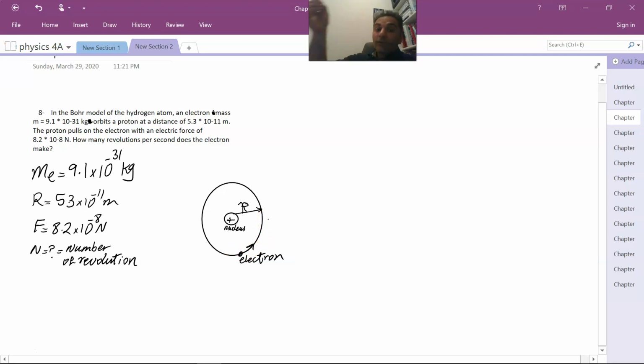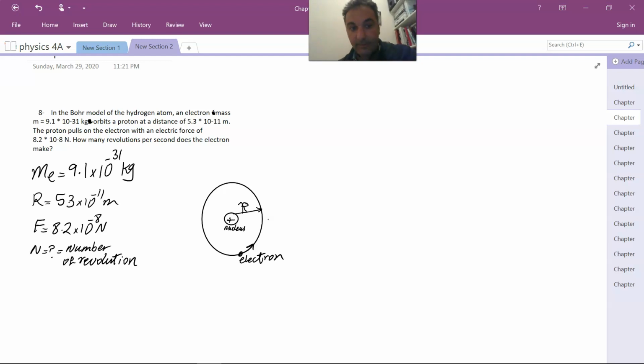And because electron has speed, electric force acts like centripetal force. Alright, what can we do? How many revolutions per second?